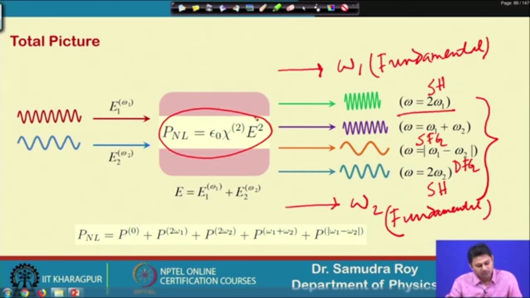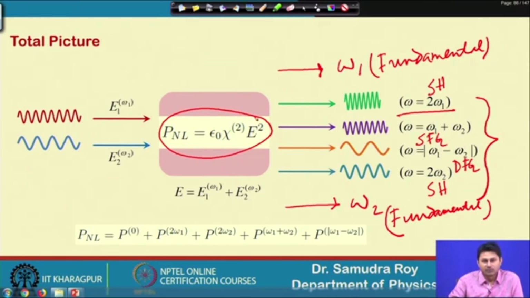So, which frequency will be generated and which not, how this frequency generation is activated, and what the efficiency of generating the second harmonic will be, is the next important thing that we will learn in the next class. In order to do that, we try to understand the evolution of the amplitude of the different frequencies: how the amplitude of the second harmonic and the amplitude of the sum and difference frequencies are going to evolve is very important.